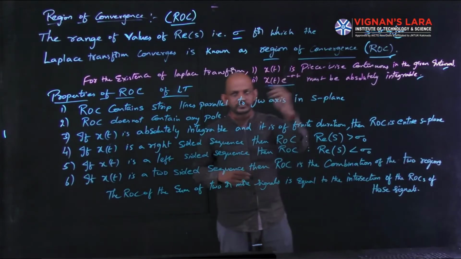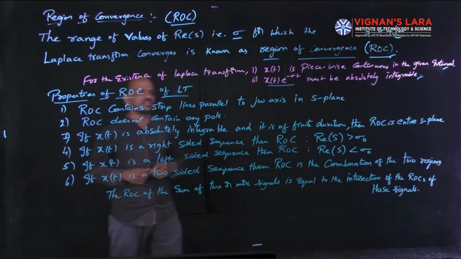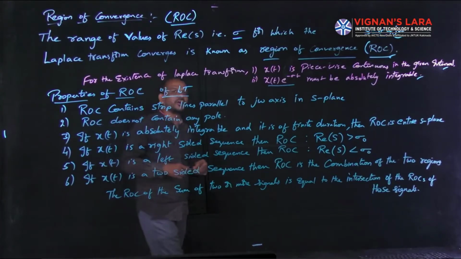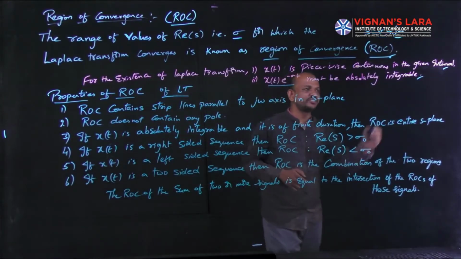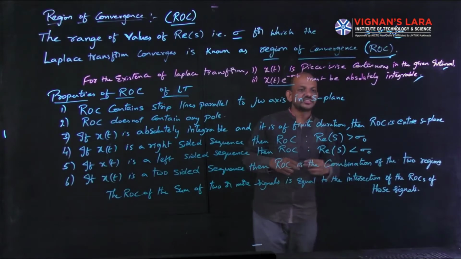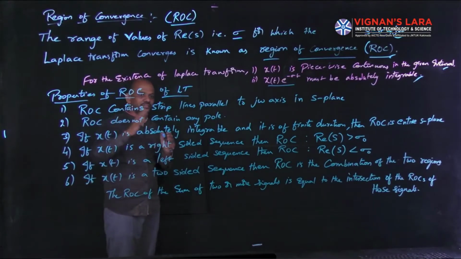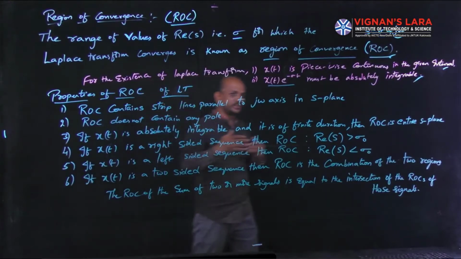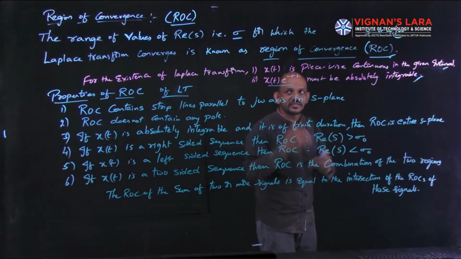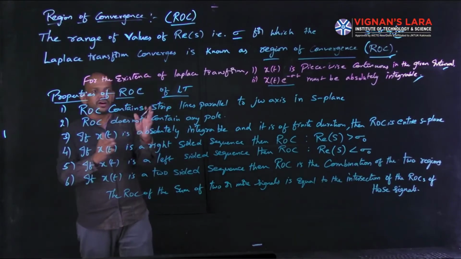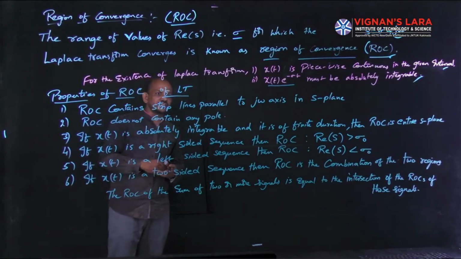So these are the two conditions for the existence of Laplace transform. First I explained what the region of convergence is, and then the conditions for existence of the Laplace transform. Now we will focus on the concept of ROC, that is region of convergence.